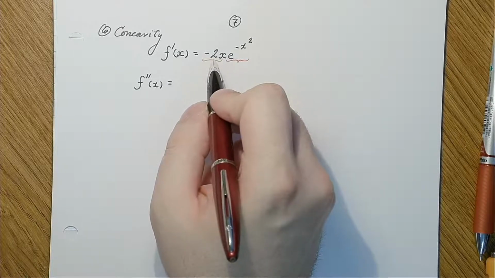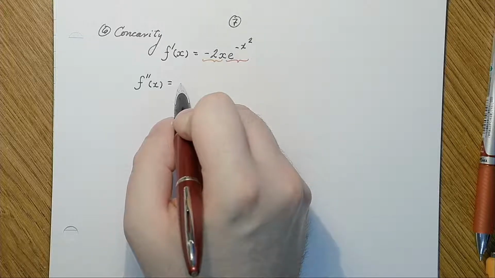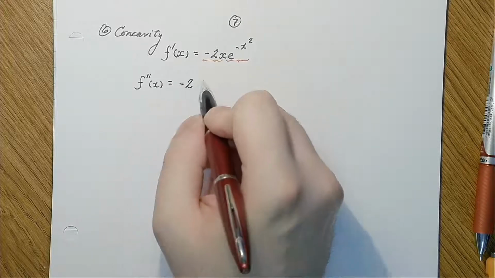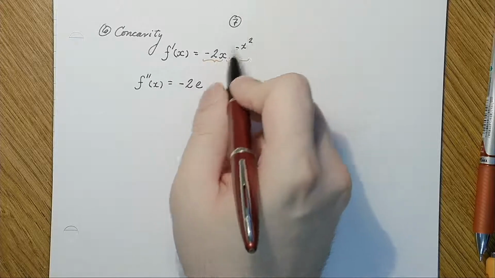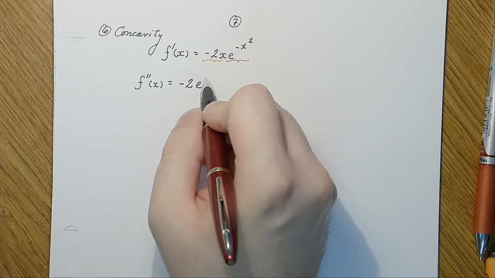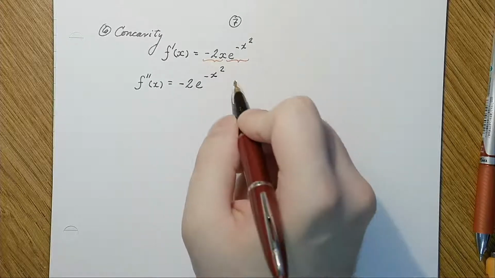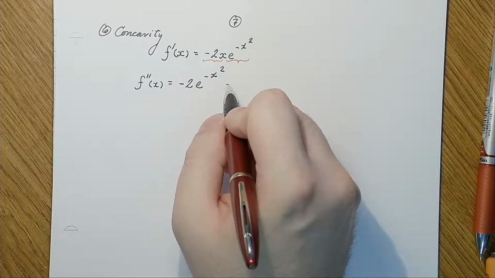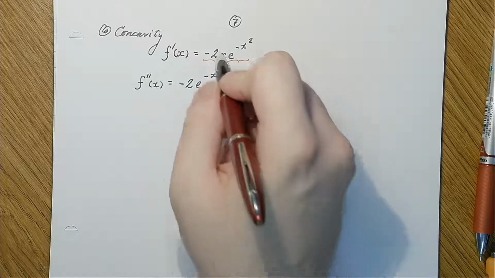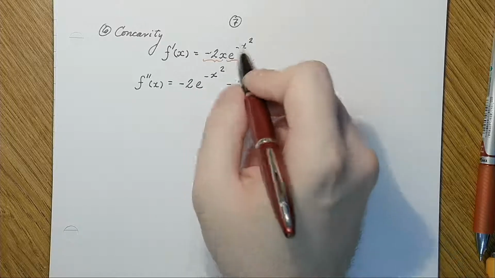Okay, so we take the derivative of the first here. So it's minus 2 times the second function, e to the minus x squared, minus 2x. So that's this function up there. And then I need to take the derivative of this.